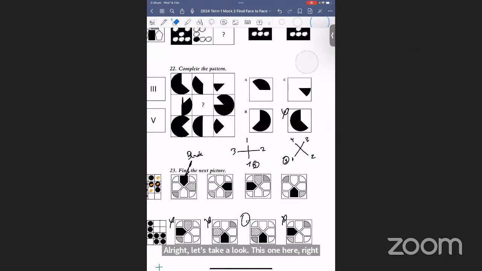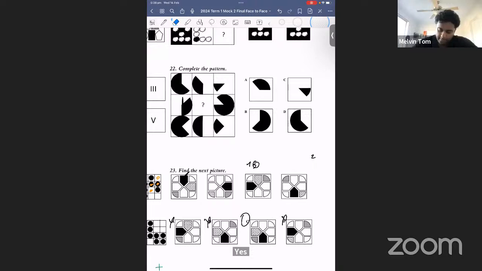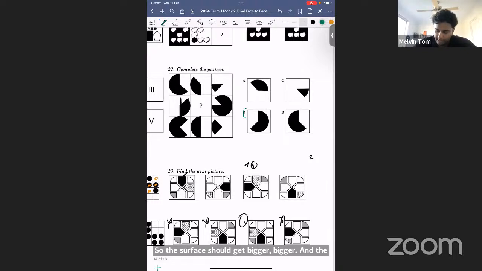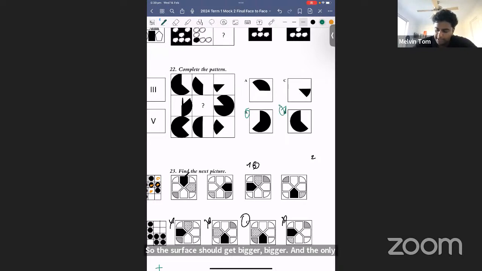A lot of you would first think the circle's getting smaller, smaller, smaller, then bigger, so the circle should get bigger. The only answer that would make sense for that, well, we have B and D, but D's facing the wrong way. So the answer is B, right? Pretty easy.